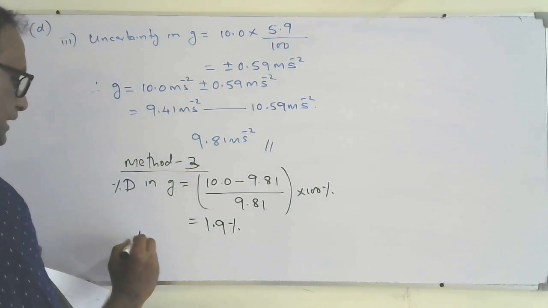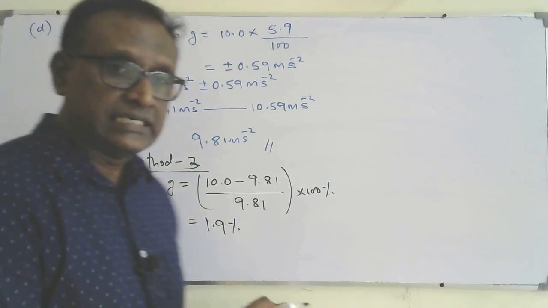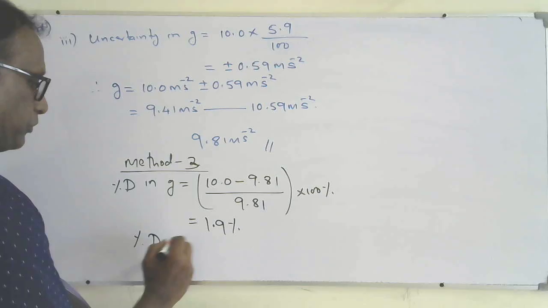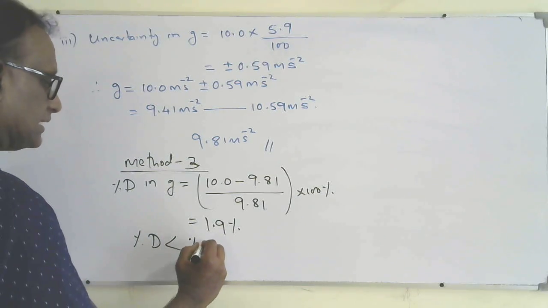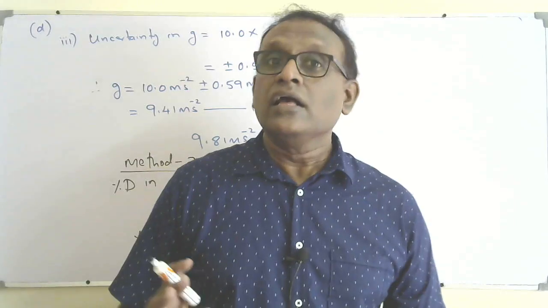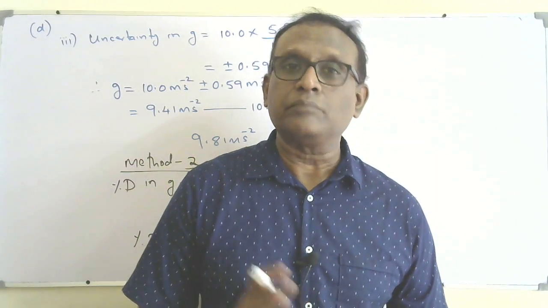You can see the percentage difference of 1.9 is less than the percentage uncertainty we found earlier, which is 5.9. I told you that for any experiment to be accepted, the percentage difference must be smaller than the percentage uncertainty.